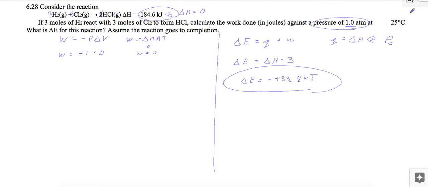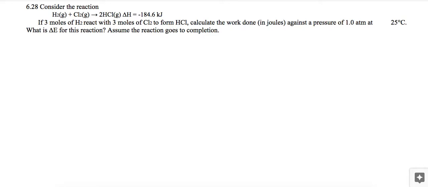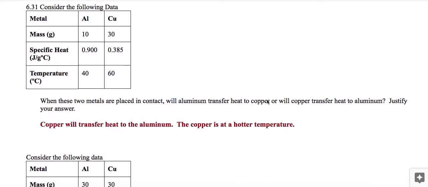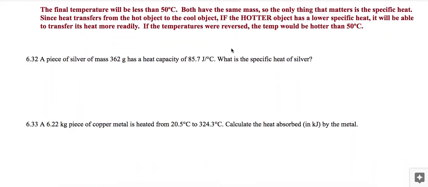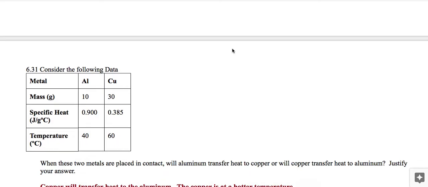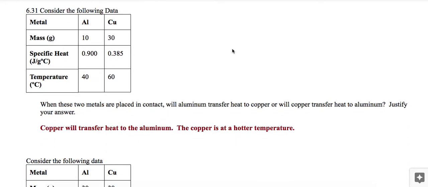All right. Consider the data here. So this is getting into the idea of specific heat.